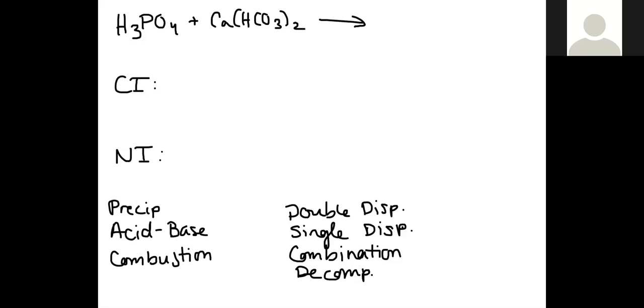Calcium bicarbonate is aqueous. I would give that to you. Because that's not something you have in your solution. Bicarbonate. That one you have to figure out.